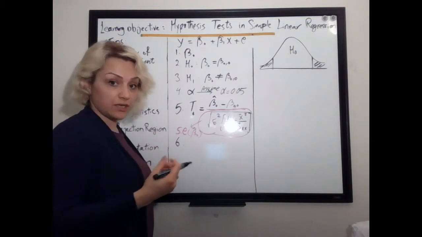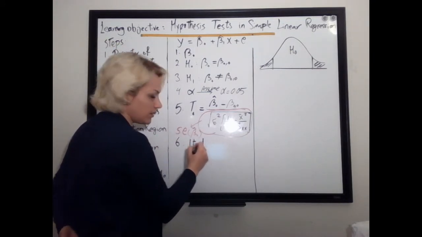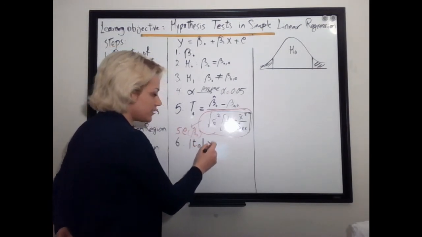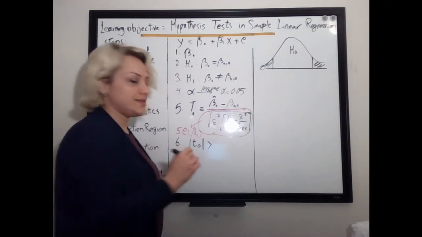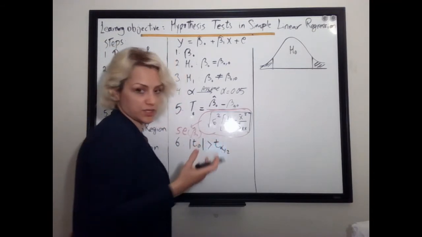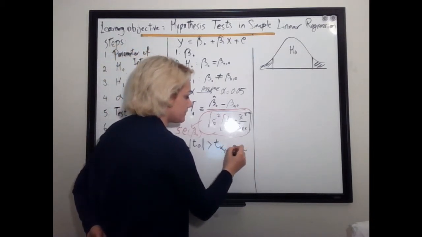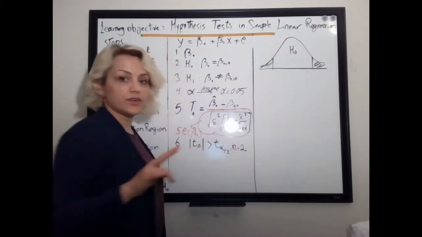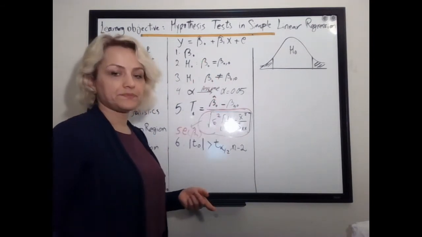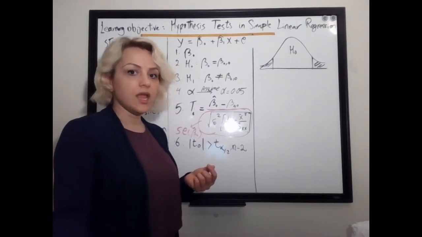For the rejection, if the absolute value of my T null is greater than T of half of alpha, if it's two-sided, and n minus 2. The degree of freedom here is n minus 2 because we have beta null and beta 1. So that's the rejection region.